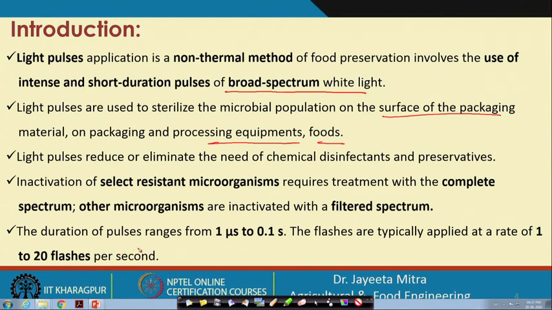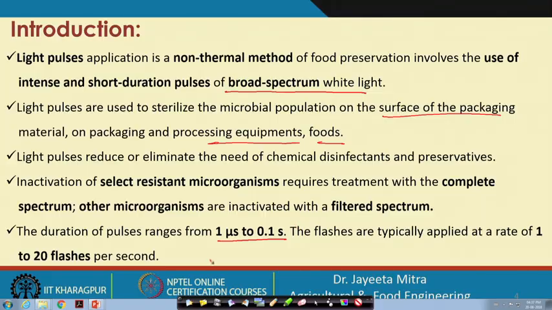And the duration of pulses ranges from 1 microsecond to 0.1 microsecond. So, the duration of applying pulses is also very short. The flashes are typically applied at a rate of 1 to 20 flashes per second, and at times one pulse is enough to inactivate the microorganism on the surface.